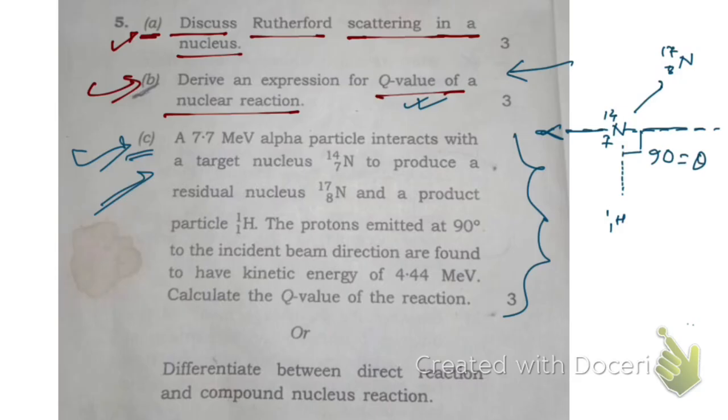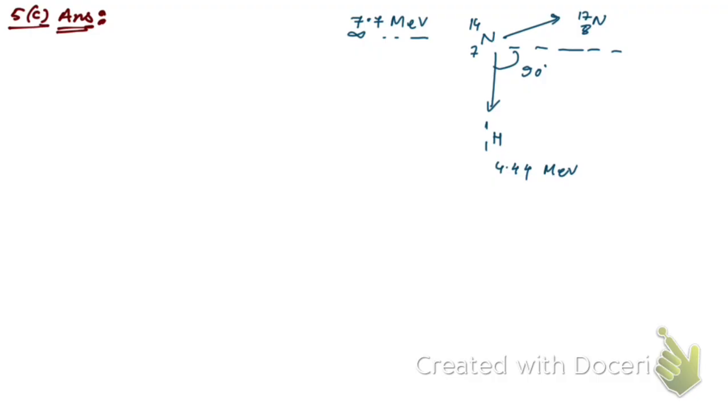So now let me take a new slide. Let us solve this. As the masses of these nuclei are not given in the question, we're going to take the mass numbers of these nuclei. An alpha particle is nothing but a helium nucleus.